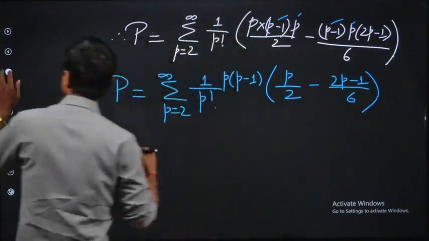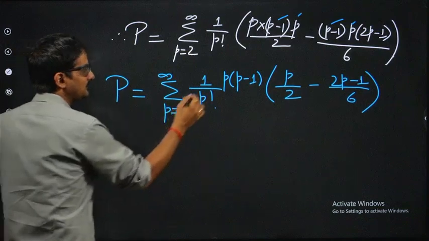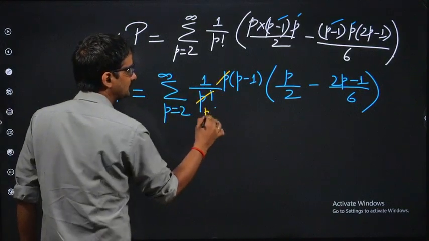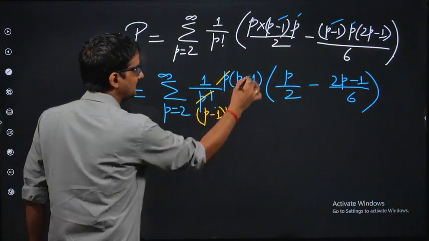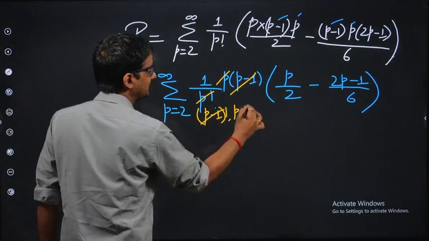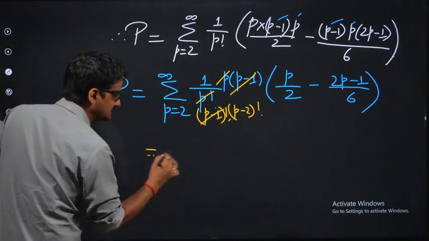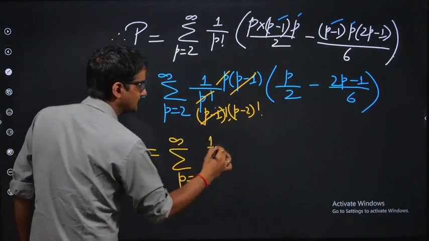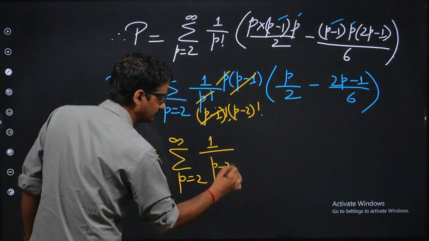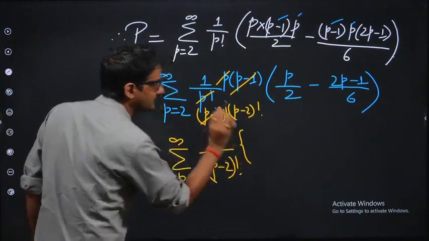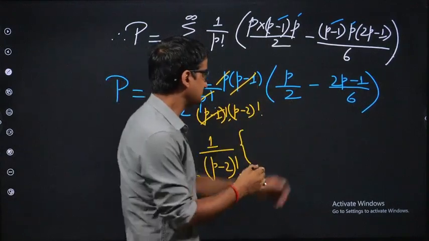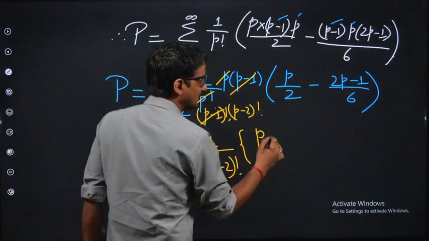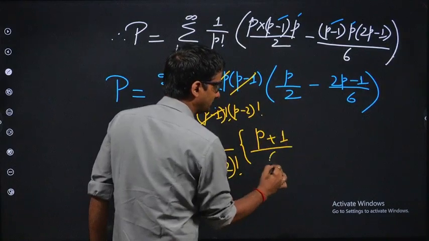Now take the LCM. Meanwhile, we cancel, so we get p minus 1 factorial, and then cancelling again we get p minus 2 factorial. So the sum from p equals 2 to infinity of 1 upon p minus 2 factorial. Taking the LCM, 3p minus 2p is p, and then plus 1 upon 6.